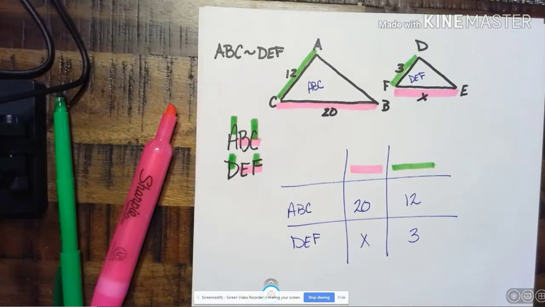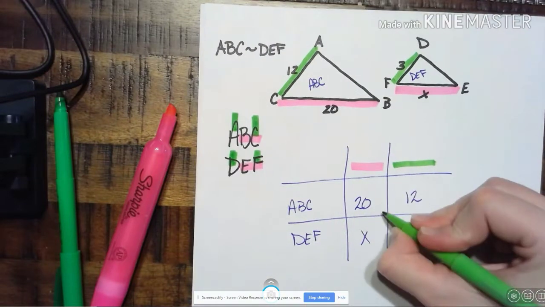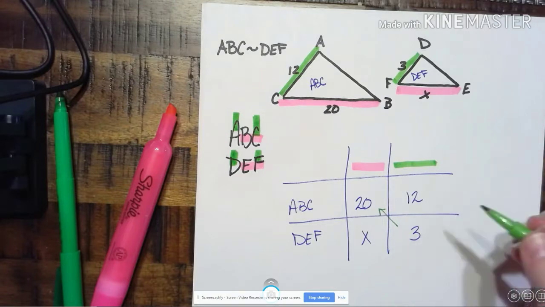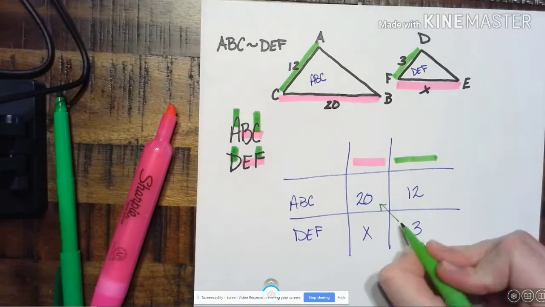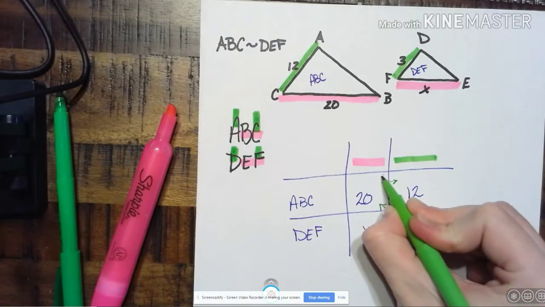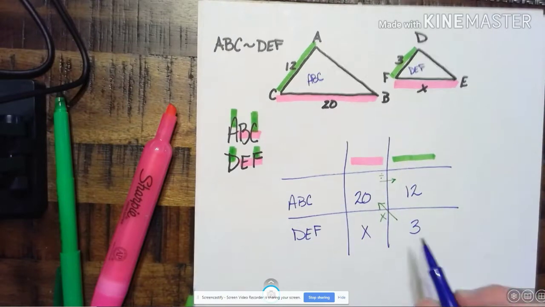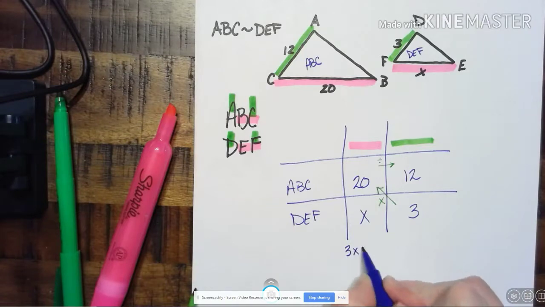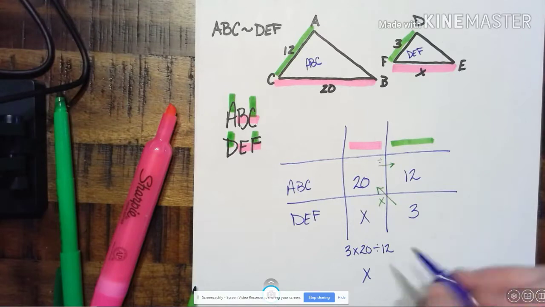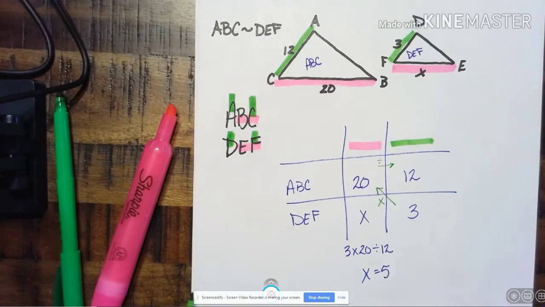And this made a world of difference today. This is the first time I've really taught the labeling this way, and it worked fantastically. So we do cross multiplication, and then we divide. So I would have 3 times 20 divided by 12, which would give me an X value of 5.